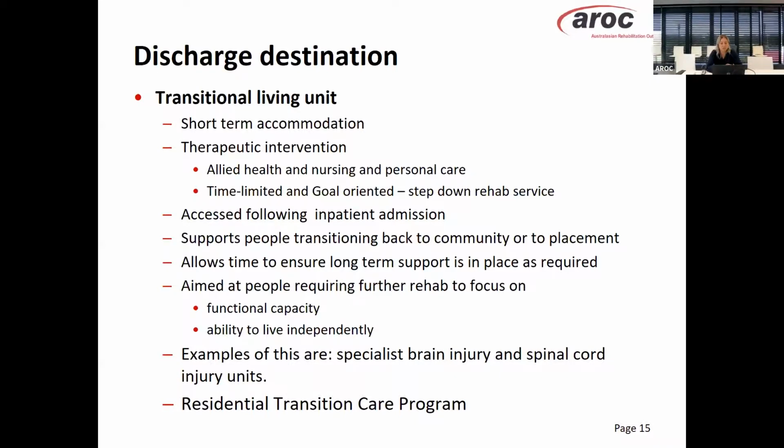The community transition care program doesn't come under a transitional living unit. Rather, you code it as if the person's receiving it in their home, as discharged to private residence, and then you would select that they're receiving services on top of that.